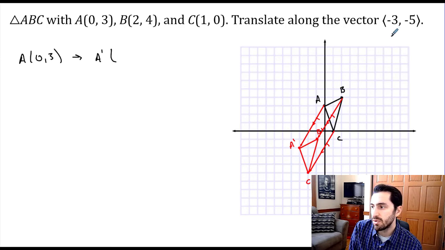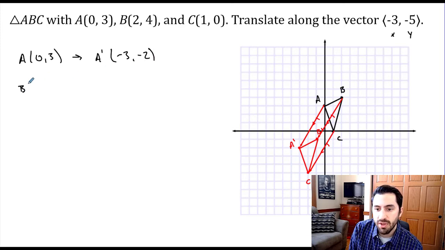So this is what we're doing to x. And then I can subtract 5 from my y value, and I'll get my new location. So if I subtract 3 from the x, I get -3. Subtracting 5 from that y value, we get -2. So that's going to be the location of A prime.